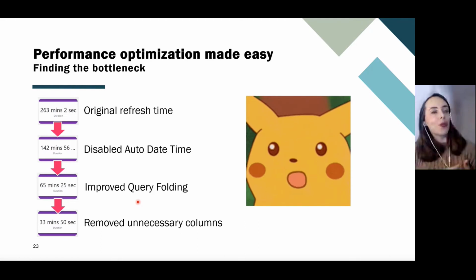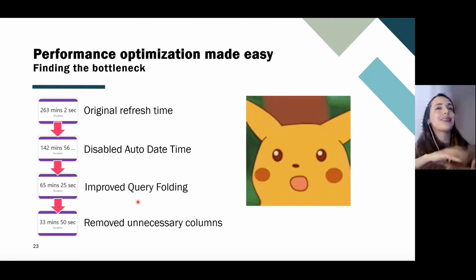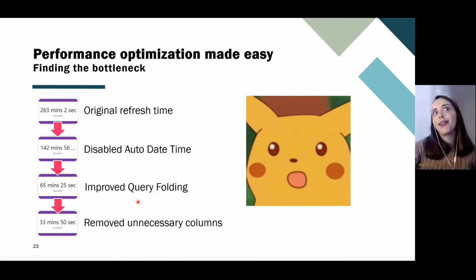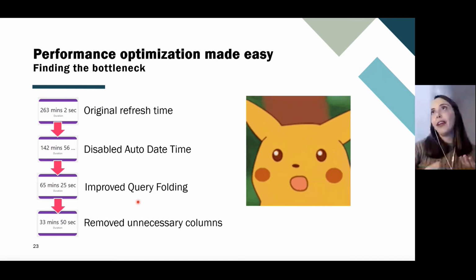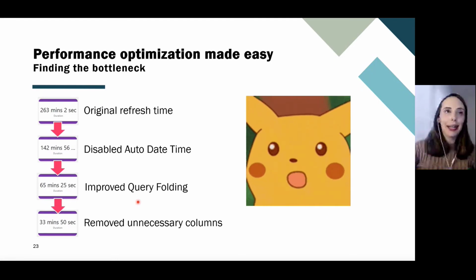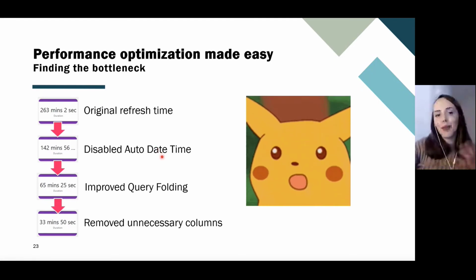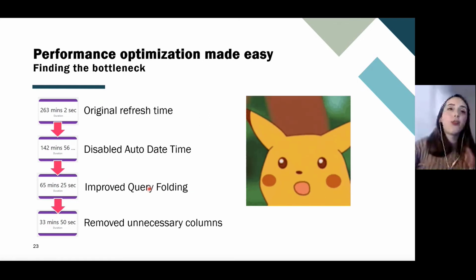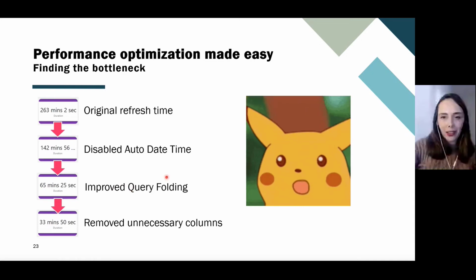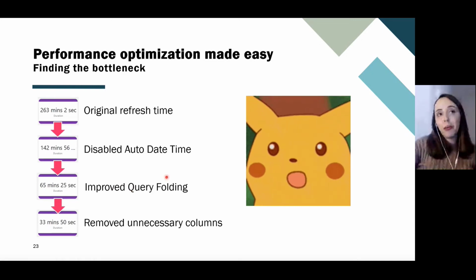Now I want to talk a little bit, because this is for this use case, but I'm pretty sure that this is not true for every Power BI use case, of course. Sometimes disabling auto-date time doesn't do much. If you do the query folding properly, then you don't. If the report is still slow, then probably this is not your problem.